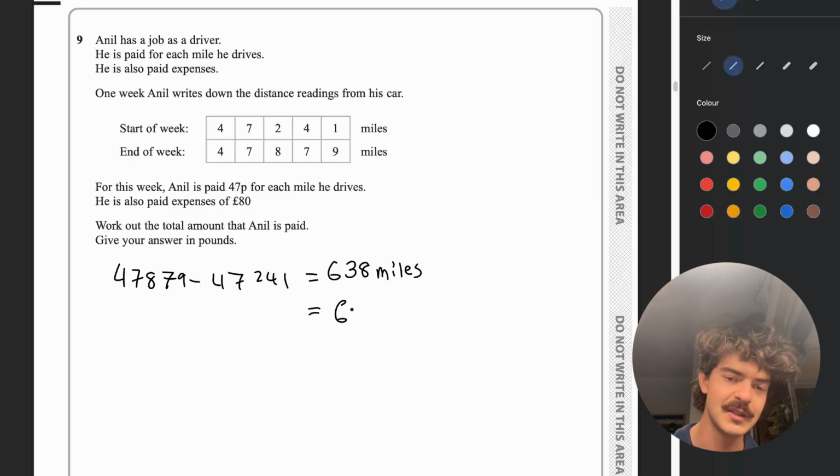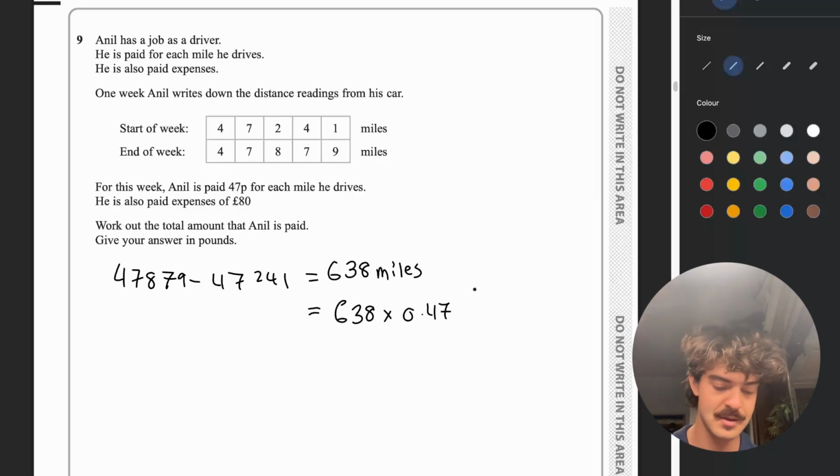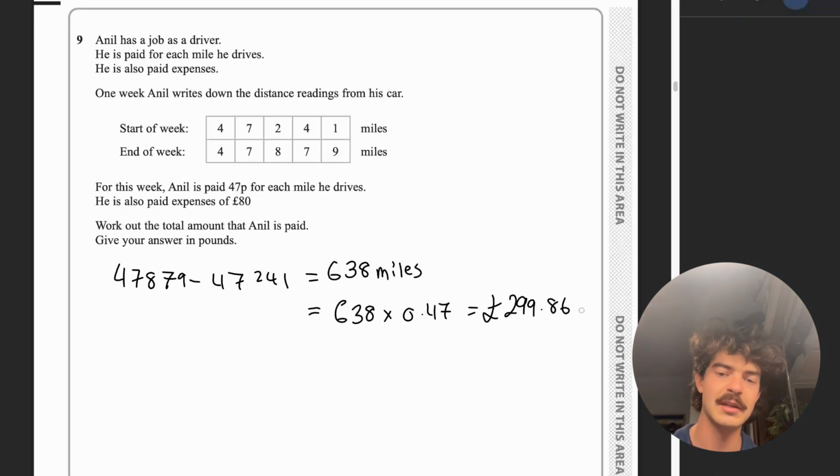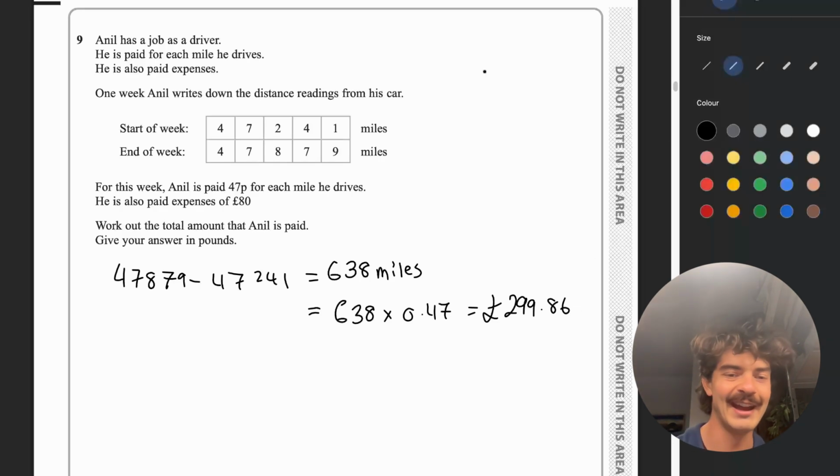So we're going to do 638 times, given that the rest of the question is in pounds, and it wants the answer in pounds, let's do this as 0.47 pounds. So we're going to do that times by 0.47, and that leaves us with £299.86. Strictly speaking, we don't need the pence there.